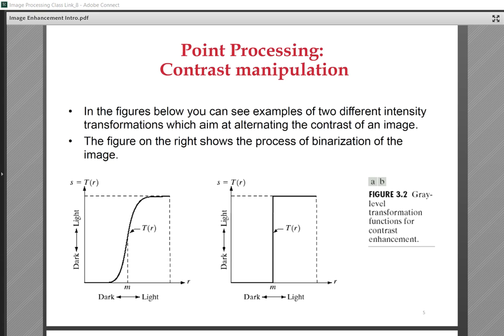For example, the first one is in the domain of point processing.